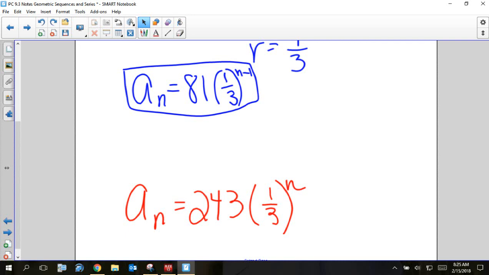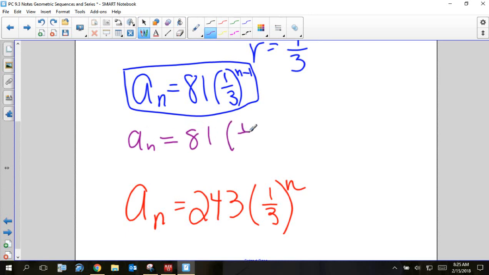So I'm going to explain mathematically how this happened. The reason we could do this is because of exponential rules that you studied last year in Algebra 2. This 1/3 to the n minus 1, I'm going to rewrite as a 1/3 to the n and a 1/3 to the negative 1.